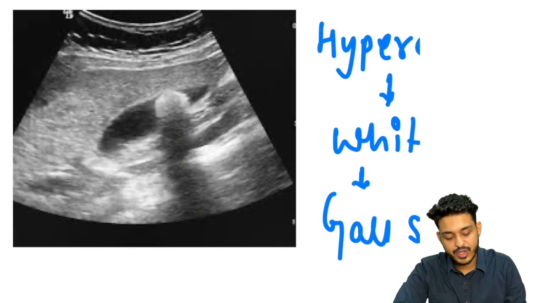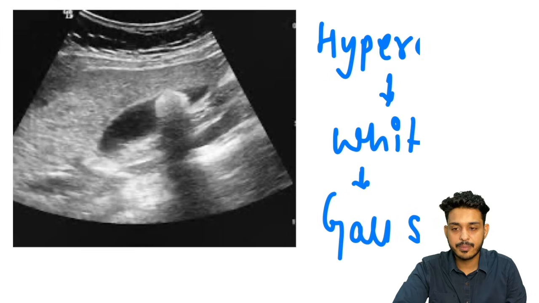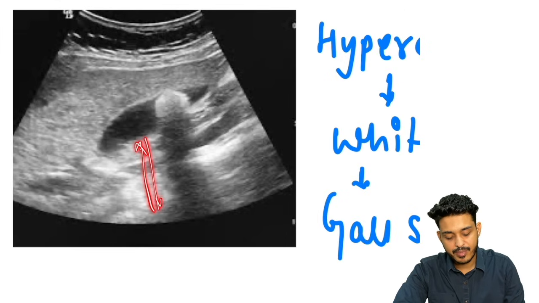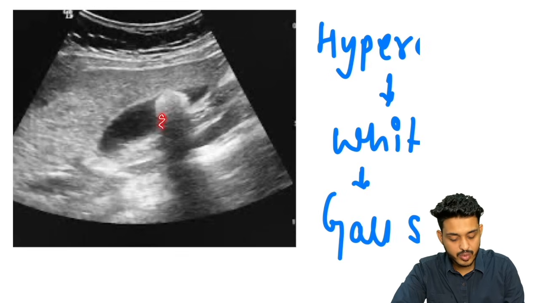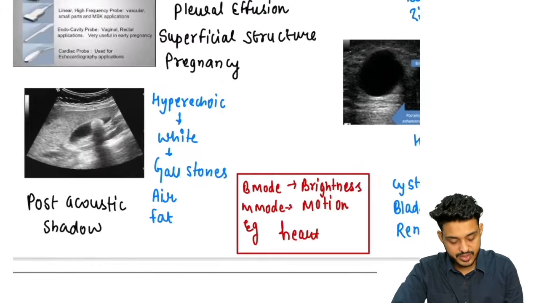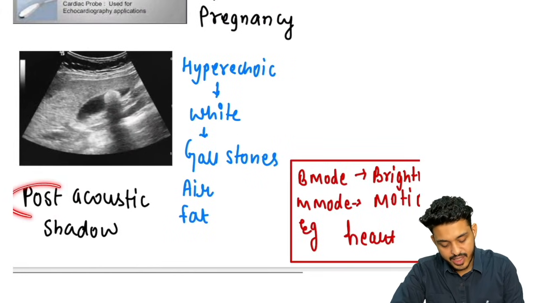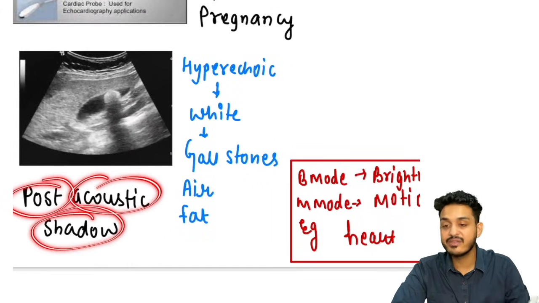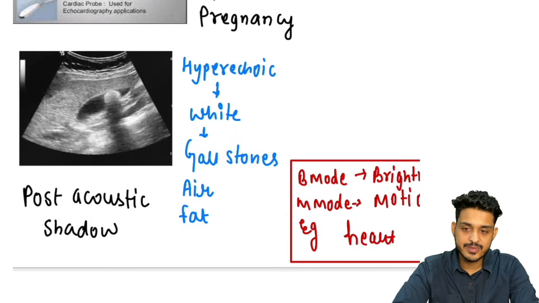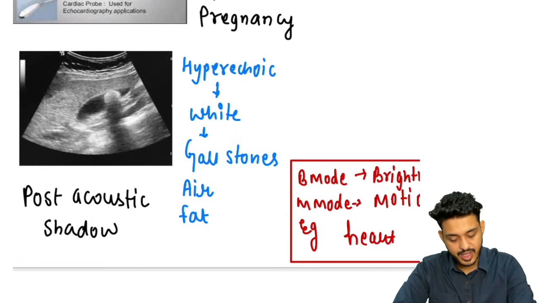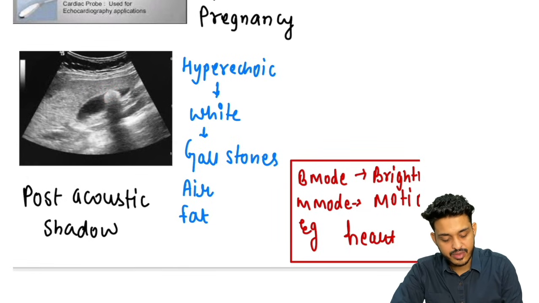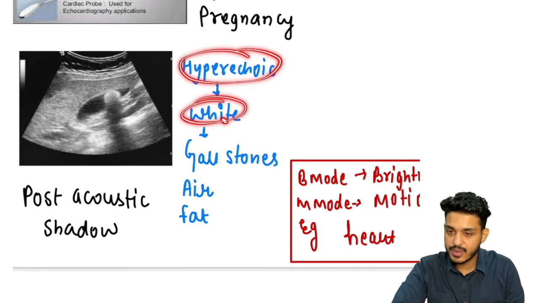Because of the stone, these rays are going but they are not able to come back, while all the other rays are coming back. Here you are finding posterior acoustic shadowing, which is very characteristic of gallstones, right? The hyperechoic thing that you can appreciate here appears white; this is going to be your gallstones, bacha.